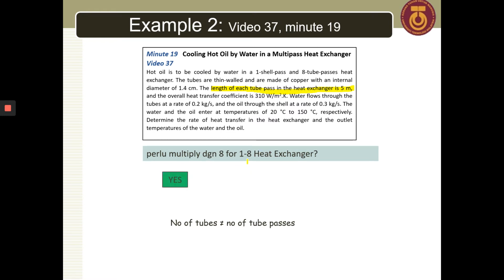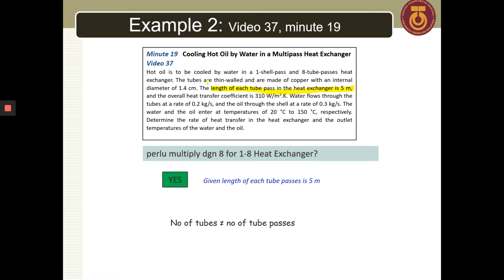The answer is yes, because it is clearly given here that the length of each tube pass is 5 meter. So you don't have to confuse yourself. This is the reason why Prof. Joshua multiplies his answer by 8, in order to find the area.